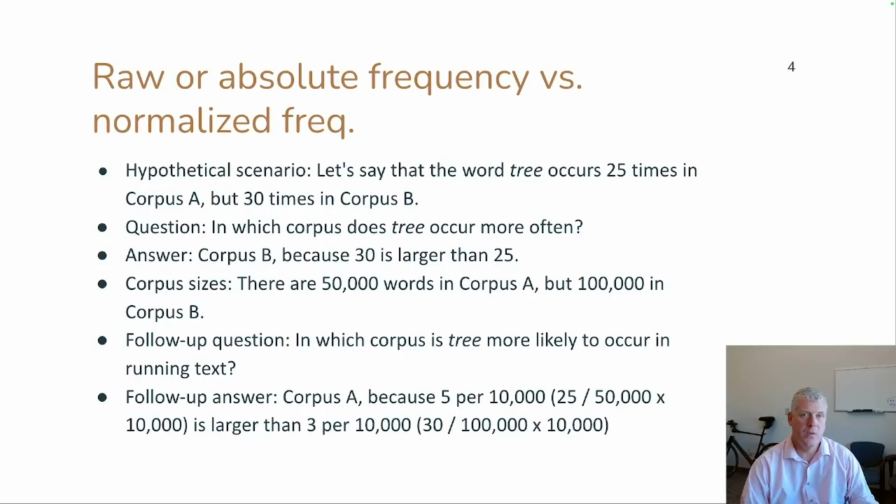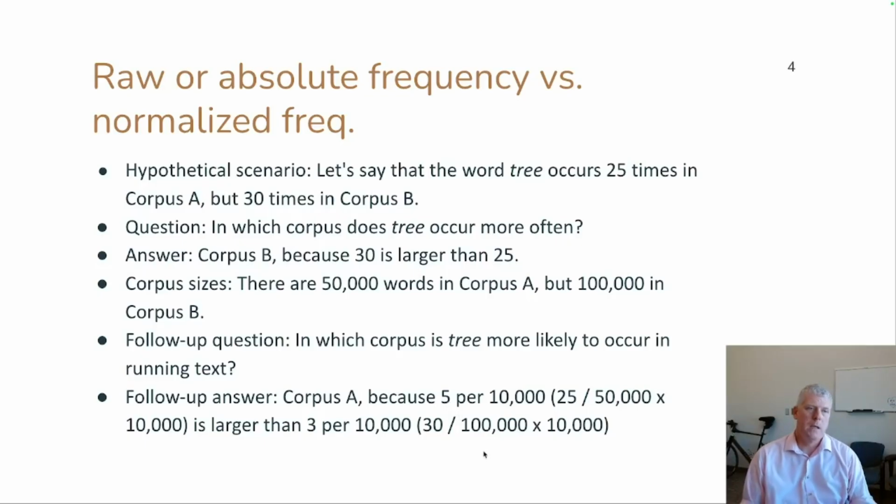Well, you take the number of occurrences, so let's say 25, at the bottom part of my slide here, 25 occurrences in corpus A, you divide it by the number of tokens, the total number of words in corpus A, which is 50,000. You take that quotient, you multiply it by some base number, we'll use 10,000 at the moment, and you end up with 5. So for every 10,000 words, on average, you'll encounter tree 5 times.